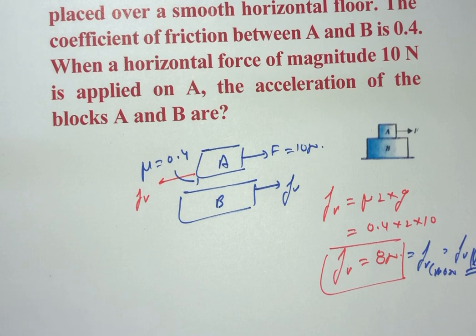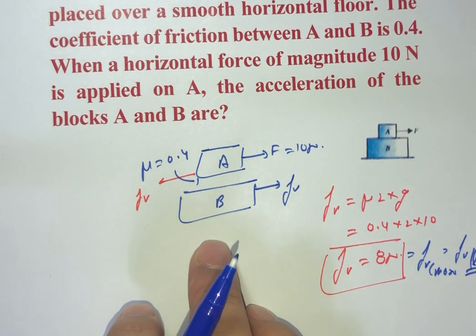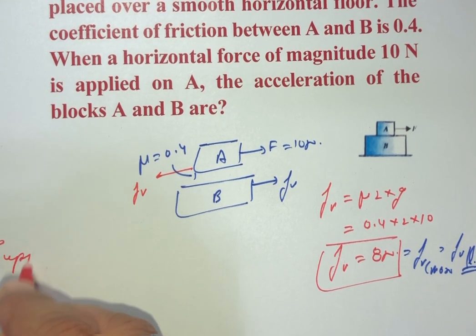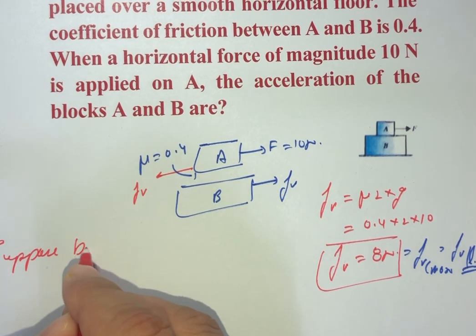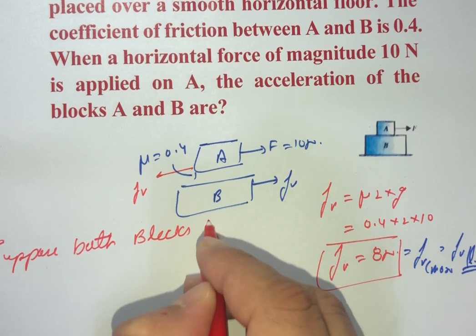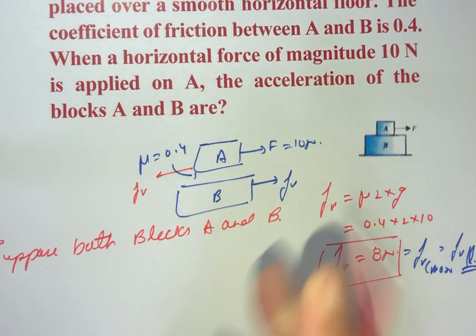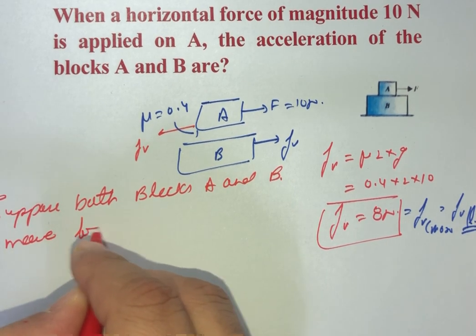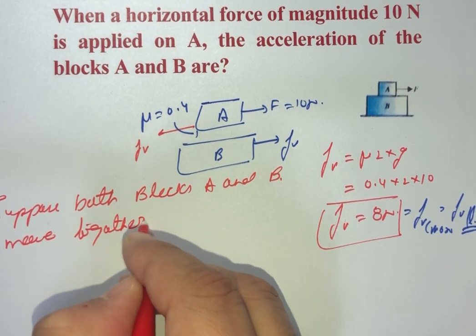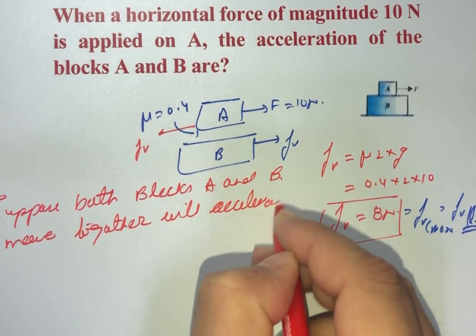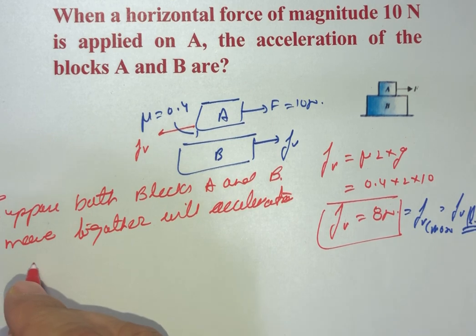So we assume that both the blocks are moving together. Let's suppose both blocks A and B move together with acceleration a.